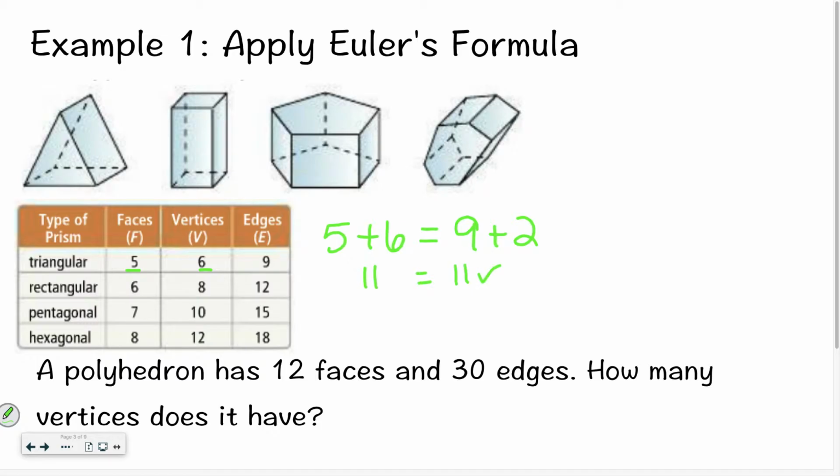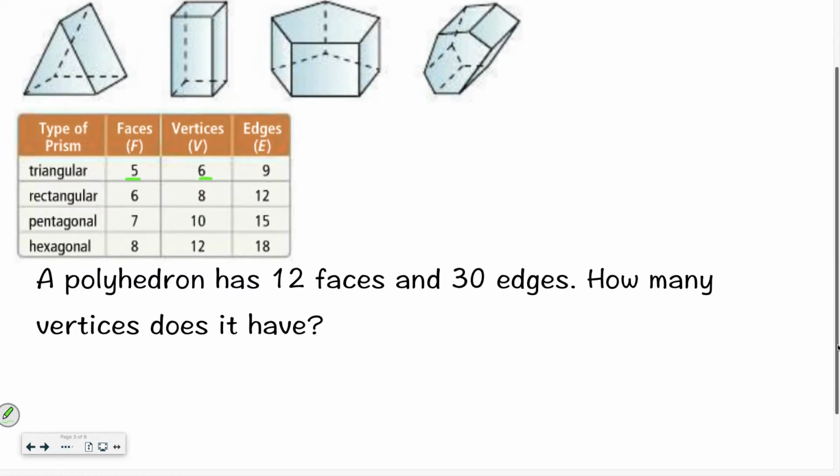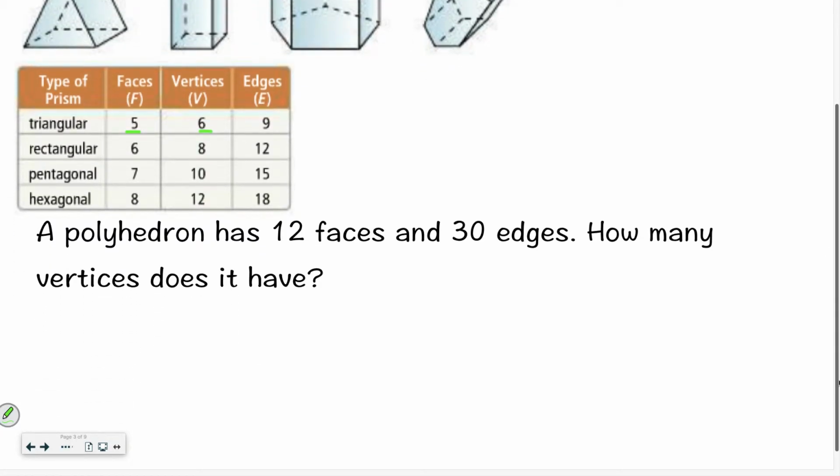So I know that it works there. If I try it with the rectangular prism, 6 plus 8, so faces plus vertices equals edges plus 2. 6 plus 8 is 14, 12 plus 2 is 14. So it's also true. So if you want to keep going through that table and checking, you can. Or if you want to just trust it, that's fine too.